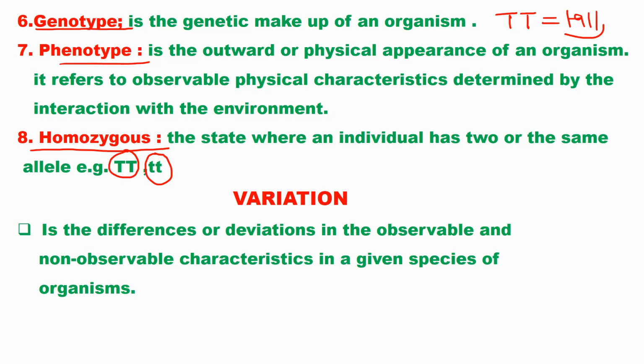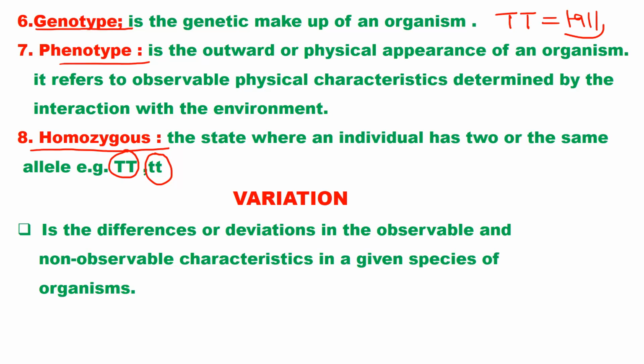If they are the same, then they are homozygous. So the state where an individual has two of the same allele. So TT for tallness, tt for short, that is height. So when someone has the same, that is what you call homozygous.